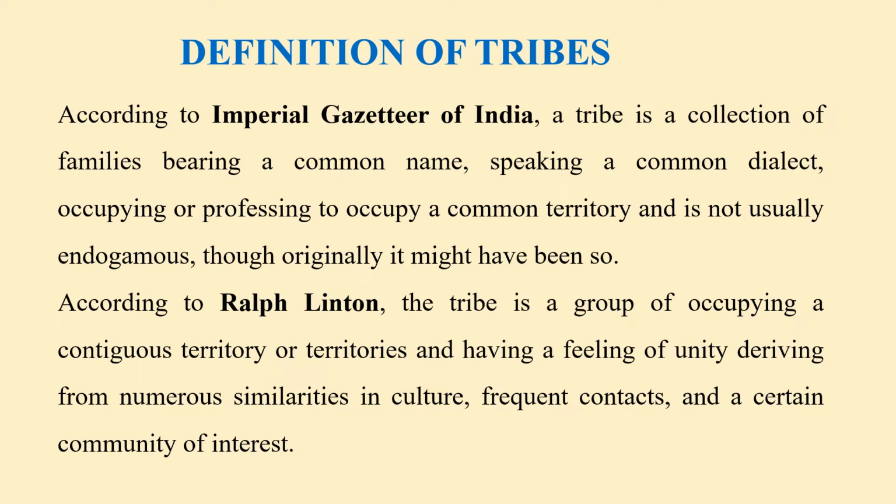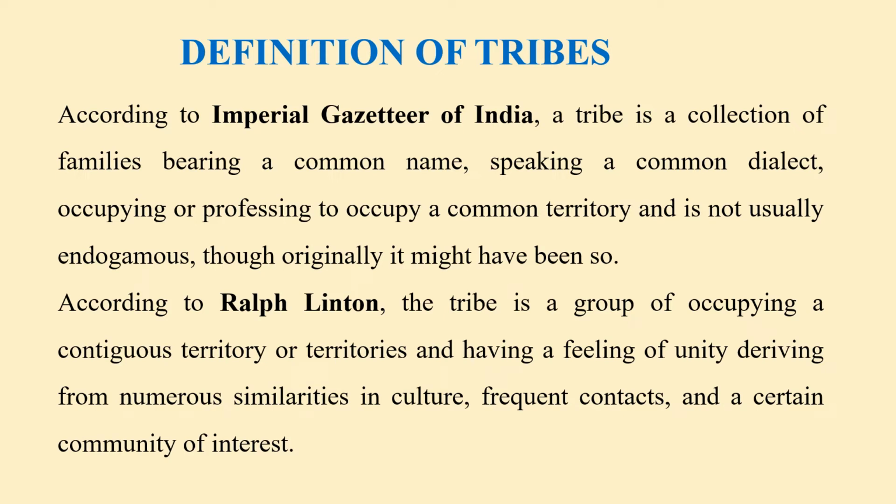So this definition has given a few elements, that is a collection of families, a common name, a common dialect, they occupy a common territory, and they are endogamous in nature.